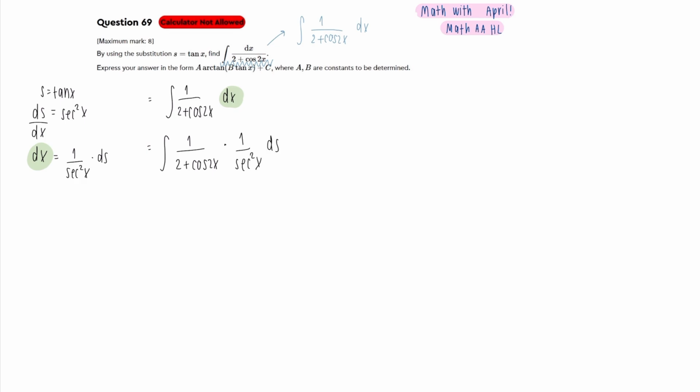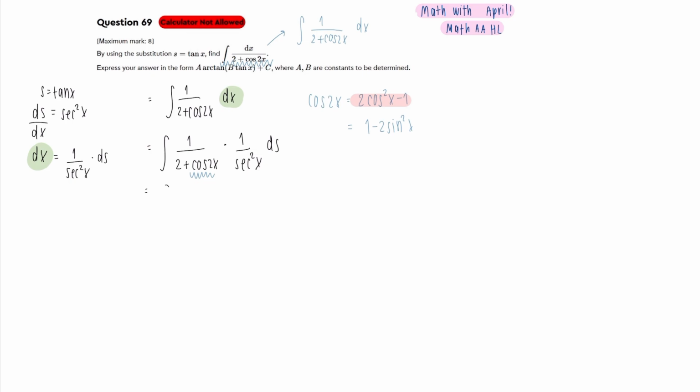Also keep in mind that cos 2x can be equal to 2 cos square x minus 1 or 1 minus 2 sine square x. Personally, I will choose 2 cos square x minus 1 because eventually it can cancel with sec square x, because sec x is basically equal to 1 over cos x. You guys should know that.